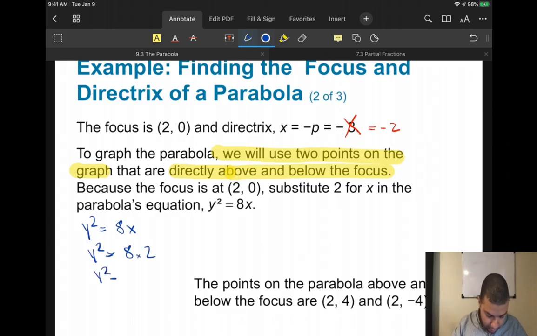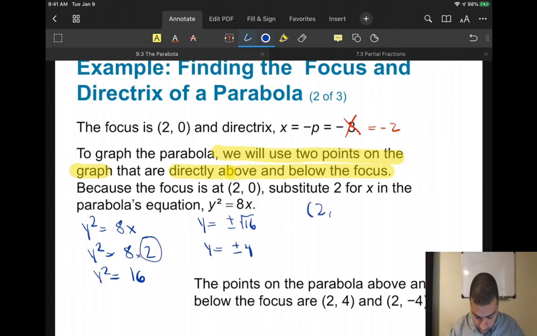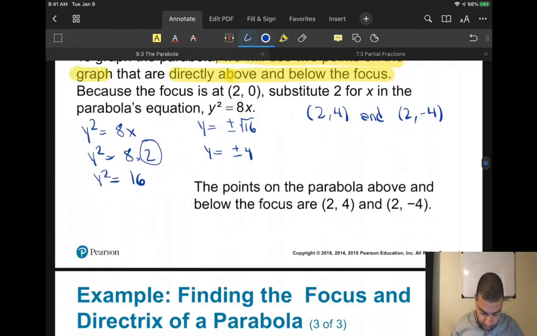So y squared equals 16. So that means y equals plus or minus the square root of 16. So y equals plus or minus 4. Okay. So x was 2 because I plugged in 2 here. So that means (2, 4) and (2, -4) are the points that I will add.